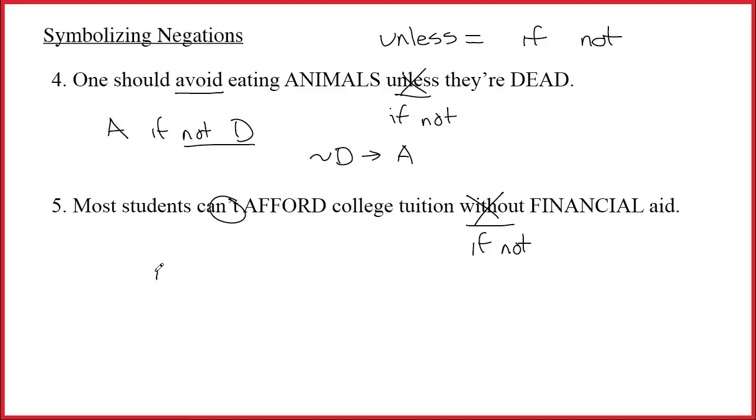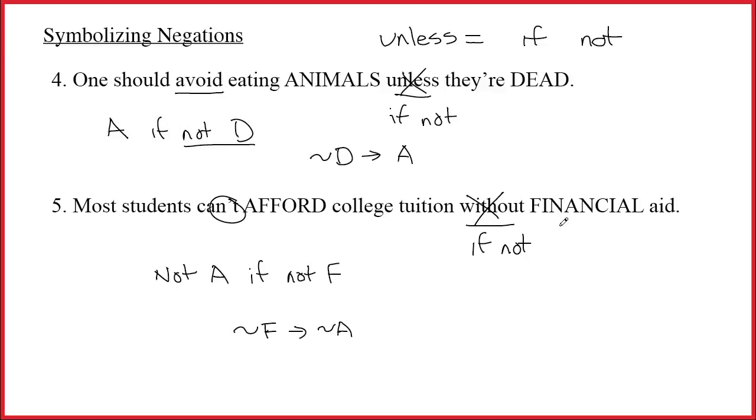If I rewrote the important stuff, I would say not A, if not F. So that's what I care about. What follows "if" is not F, therefore the symbolization ought to be: if you don't have financial aid, then you can't afford college tuition. And that's how it works.